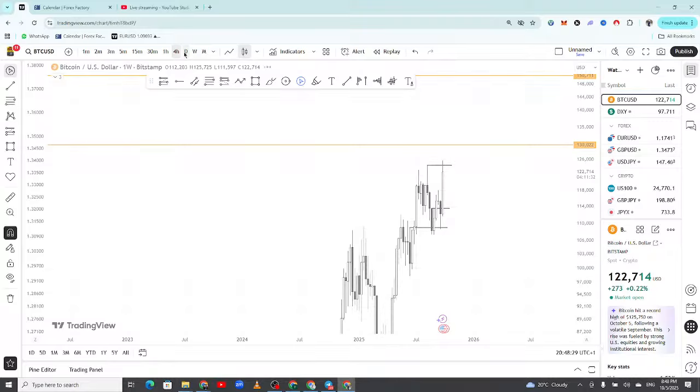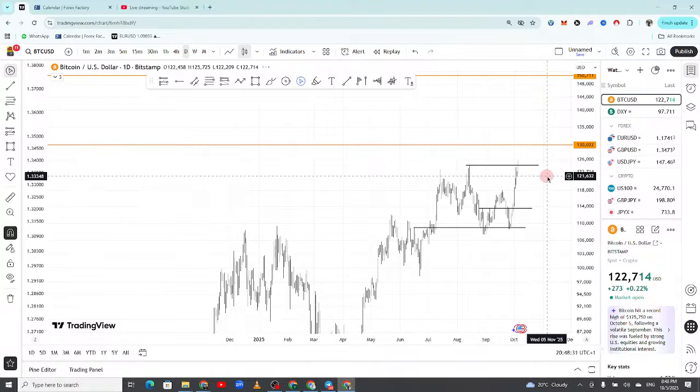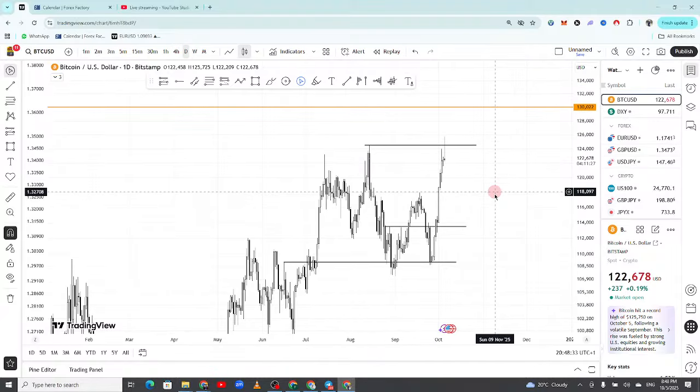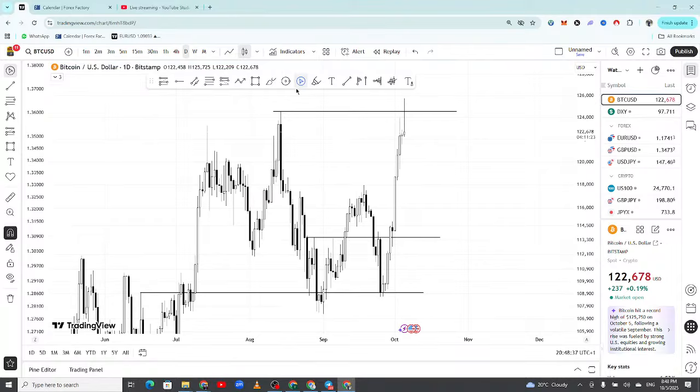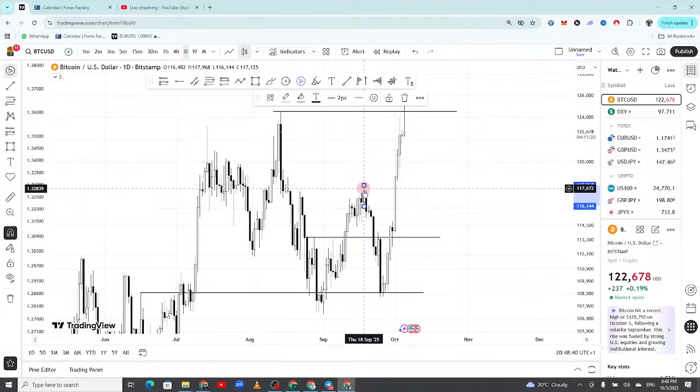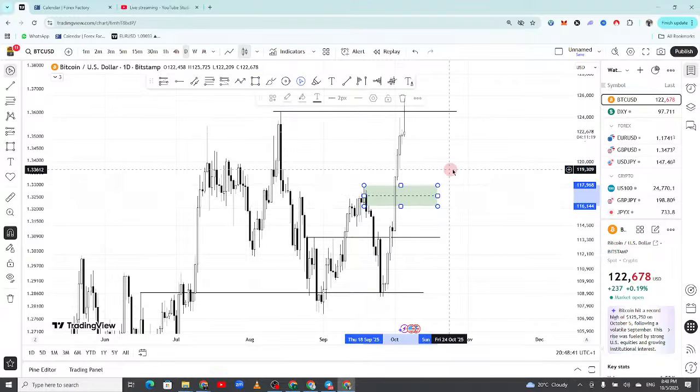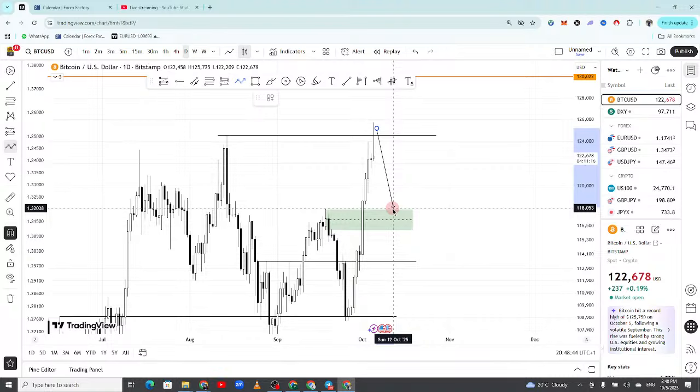On the daily time frame, we've expanded quite a lot, and then we have a breaker here, this one. We can have a retest and then a continuation.